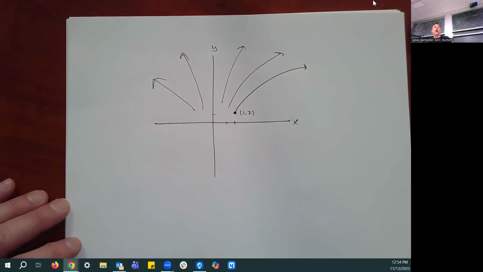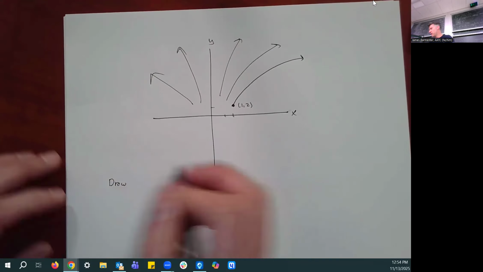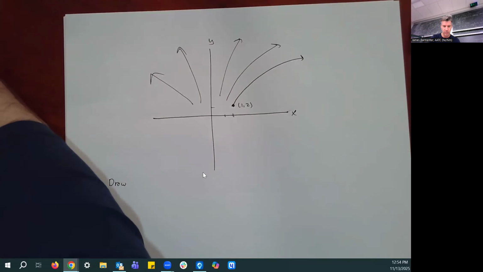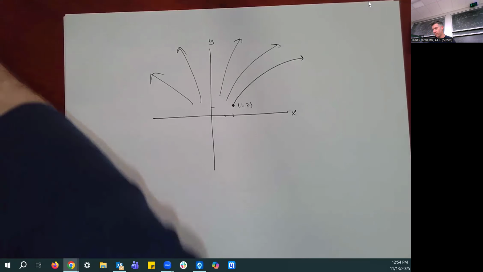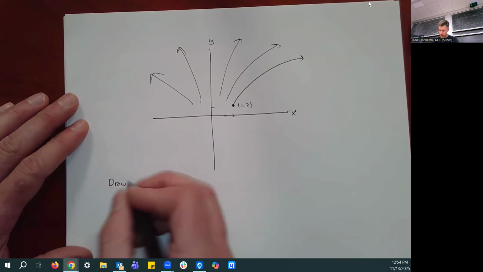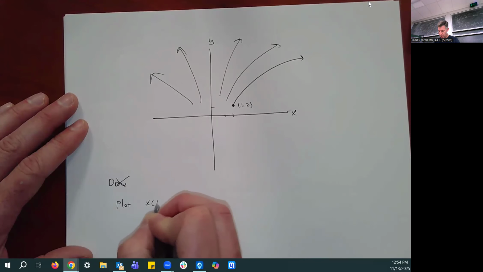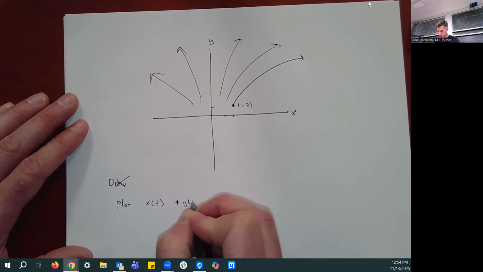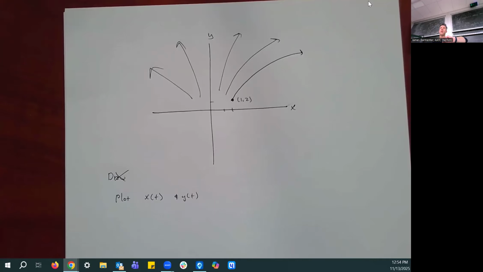And then we're asked to draw, sorry, I lost what I was going to say here. Apologies. We want to plot the corresponding solutions. Right. Okay, cool. So we want to plot both x of t and y of t. So some things to know about this.